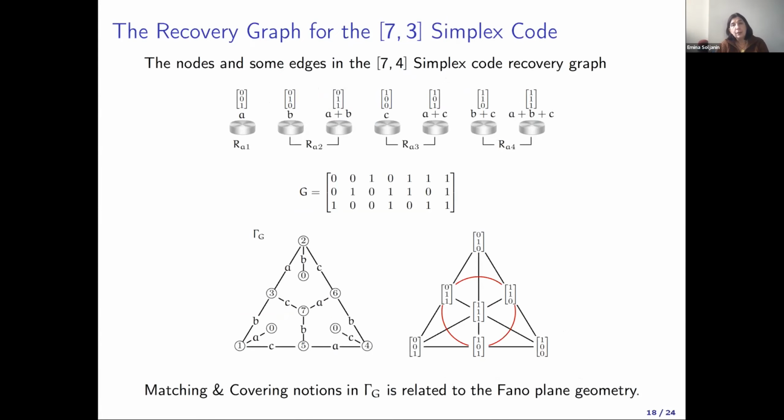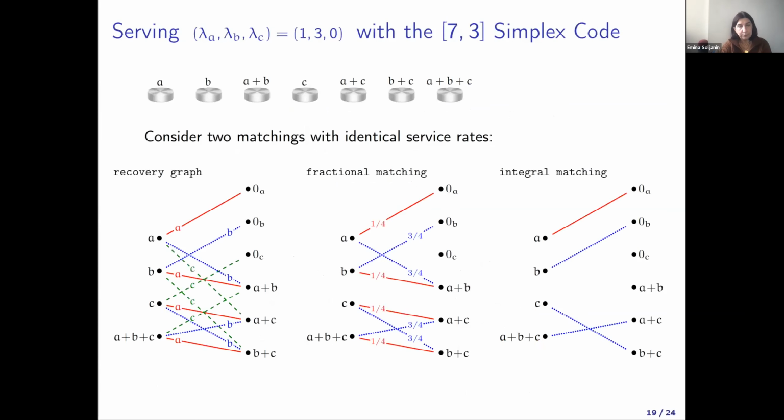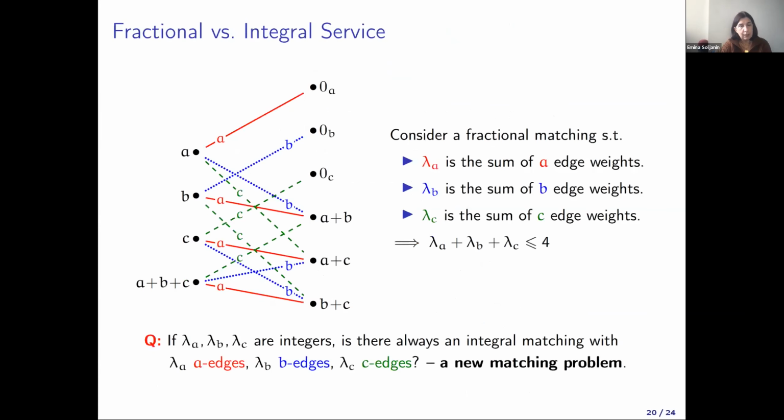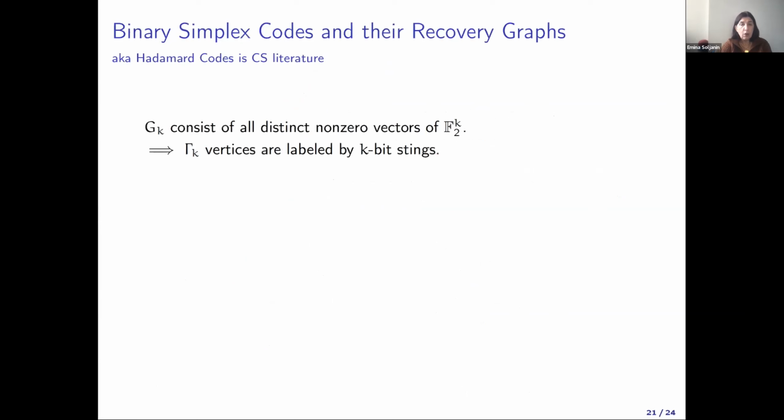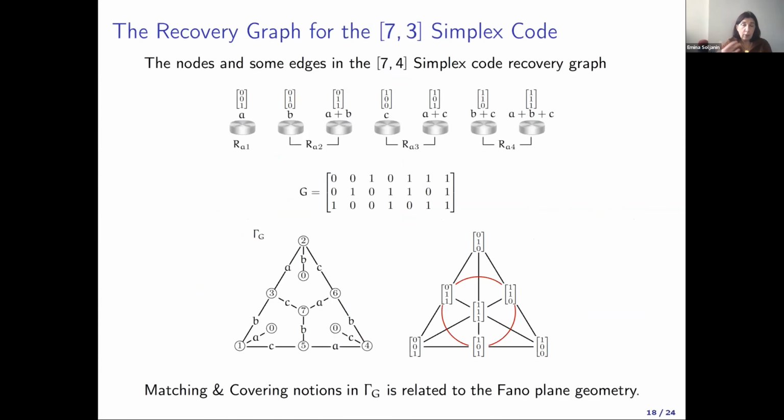And both tell us something about the cumulative service rate that we can achieve. This I will skip. So what our work is about is, can we, for some particular graphs, some particular codes, find these combinatorial and geometric objects?